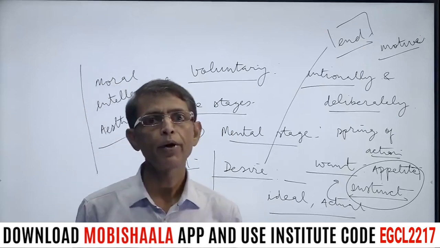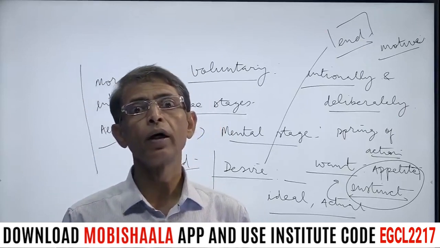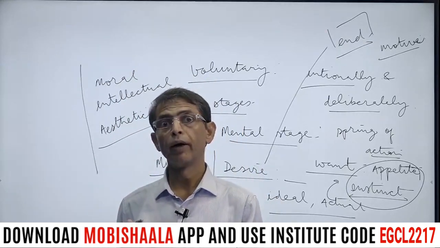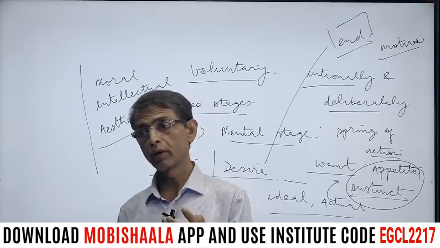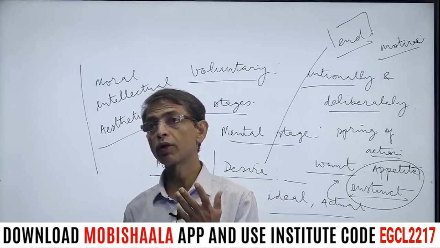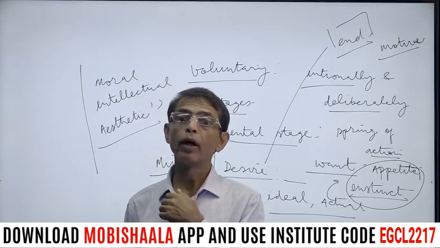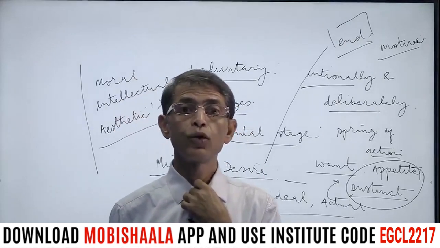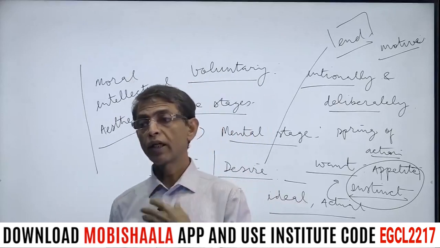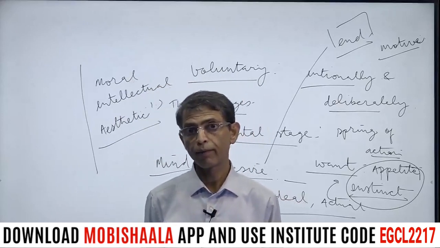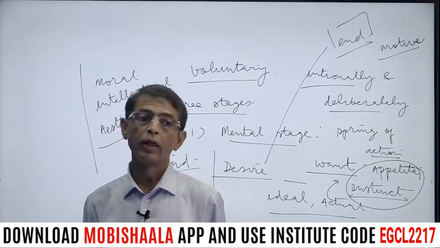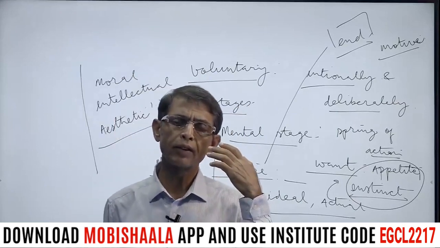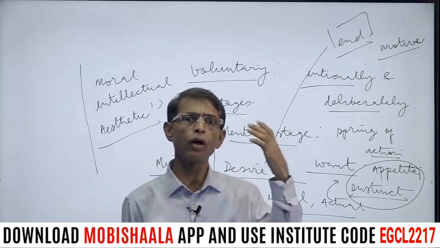Now he feels hungry, and this message goes to the mind, and the mind thinks for something. The agent wants something to satisfy this quench, this demand, this want, and for the sake of satisfaction he has in his mind a certain end, a definite end, a particular object.